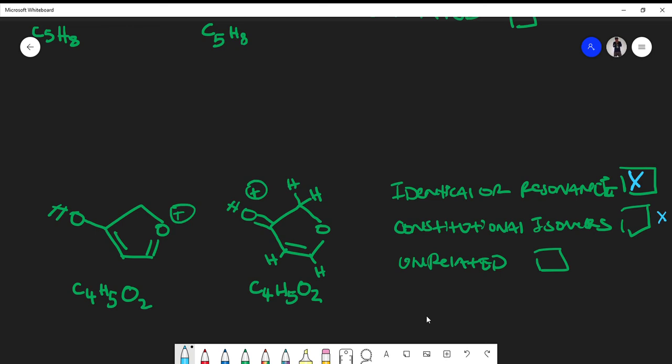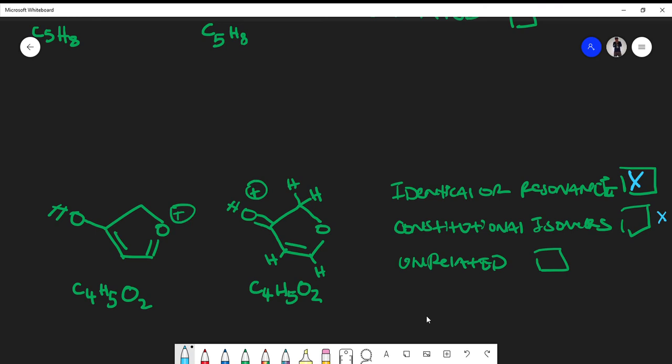Now let's talk about it for a minute. You might be saying to yourself, wait, we have the same molecular formula, but why aren't these constitutional isomers? Remember we said earlier that constitutional isomers have the same molecular formula, however the atom connectivity is different.